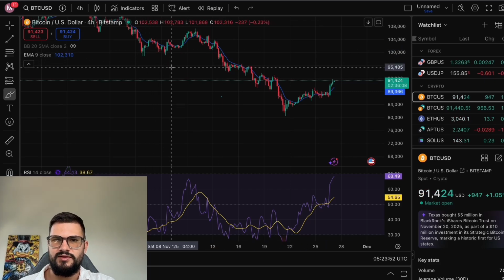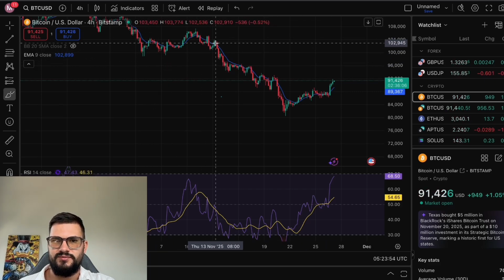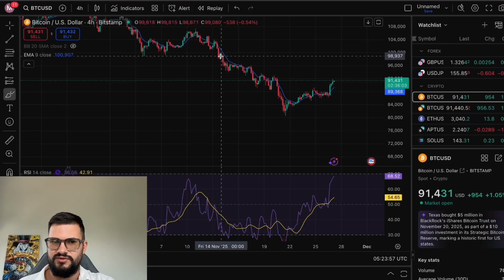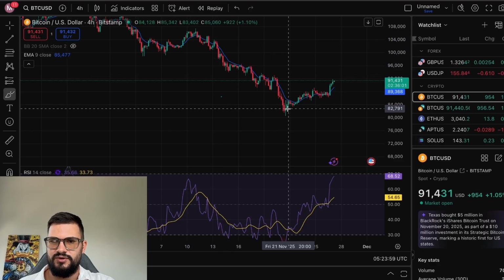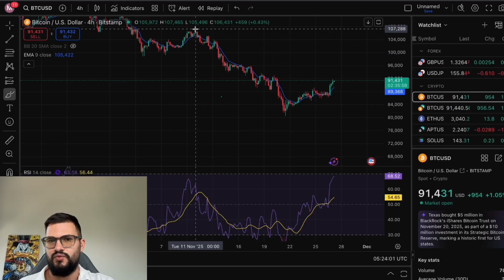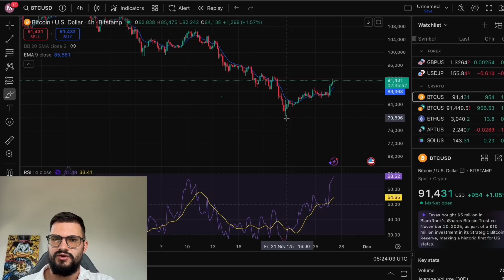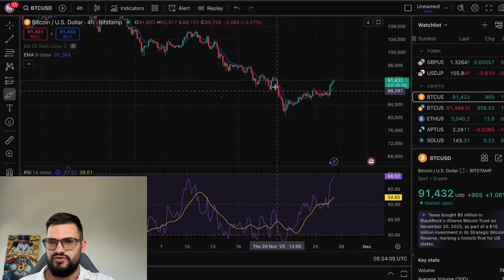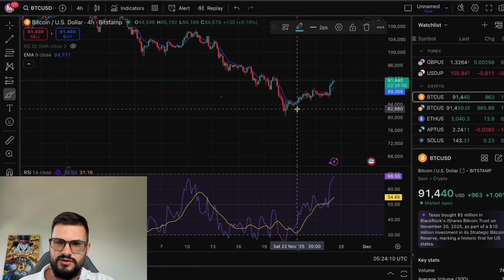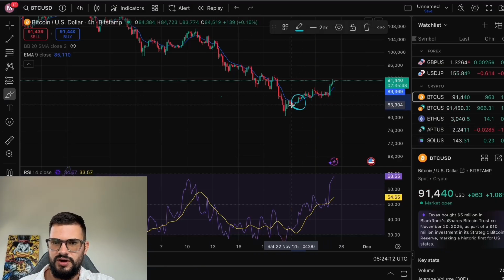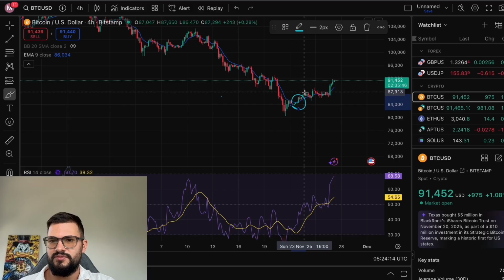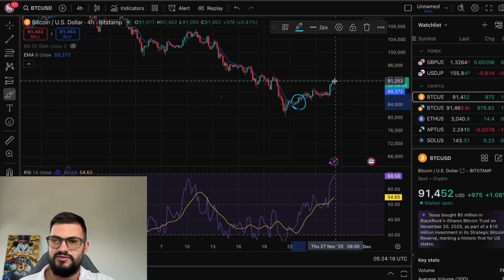As we can see, it happened here. The price dropped below this EMA ribbon, and we had a big drop to the downside from 107 down to $80,000. And right now, the price crossed from the downside to the upside of the EMA ribbon, and this might signal a new bullish trend.